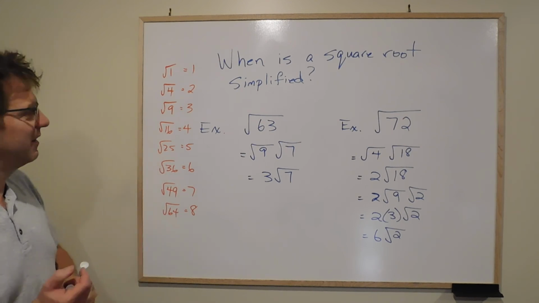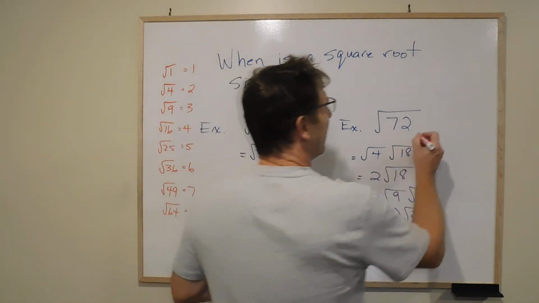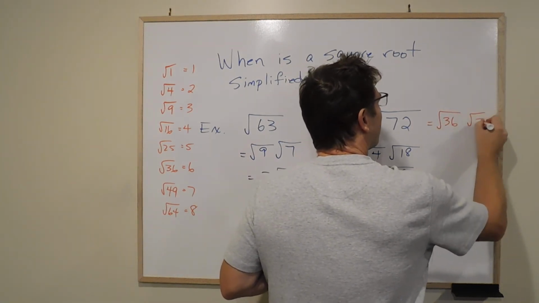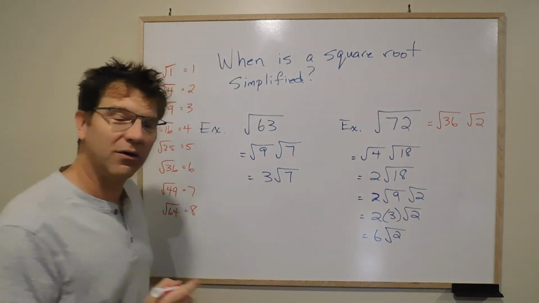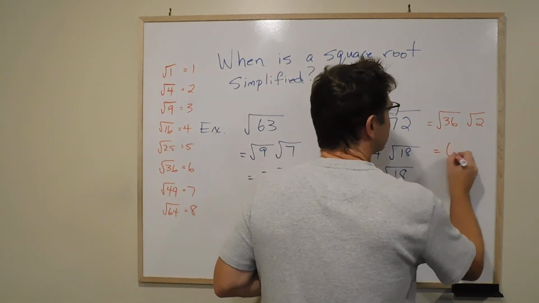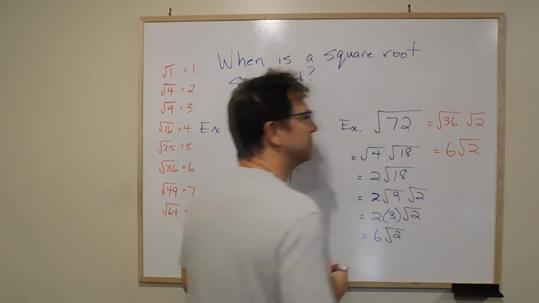So we could have done it this way and said that's the square root of 36 times the square root of 2. And we know the square root of 36 is 6. We could have said that equals 6 root 2, right?